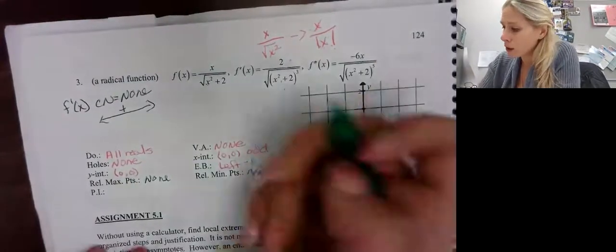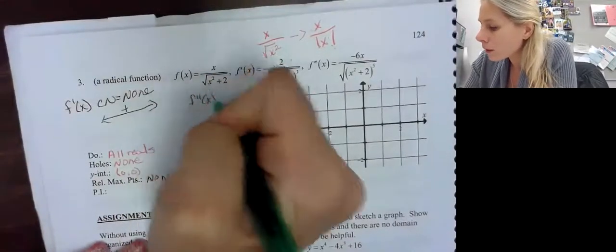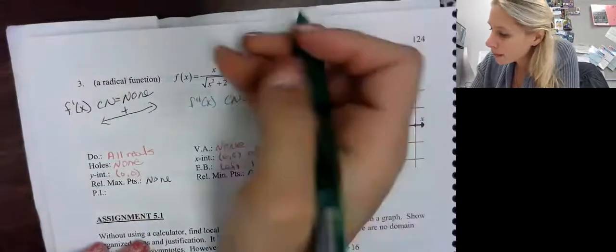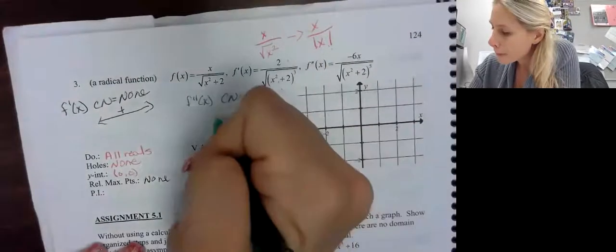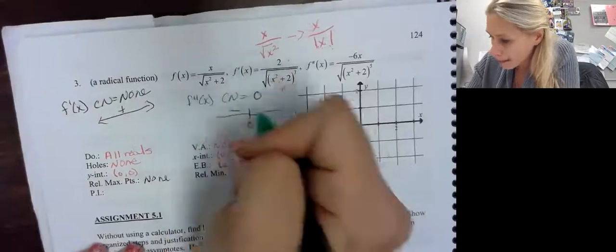Point of inflection, look at our second derivative. So our critical numbers, well, what makes the top 0? That would be 0. What makes the bottom 0? It can't be 0 because of the x squared in there. So I have 0. So that would be a negative positive, but don't forget this function is negative.